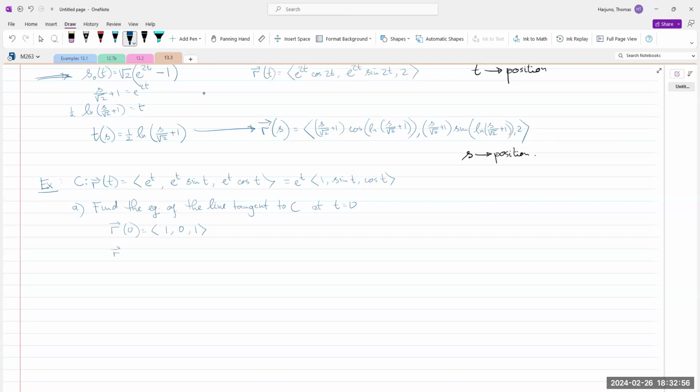And then R prime of t will be e to the t times 1, sine t, cosine t. I do product rule on this here, plus e to the t times 0, cosine t, negative sine t.